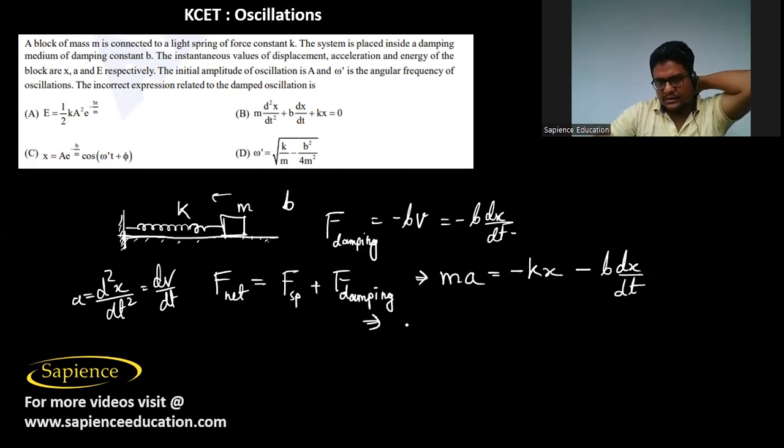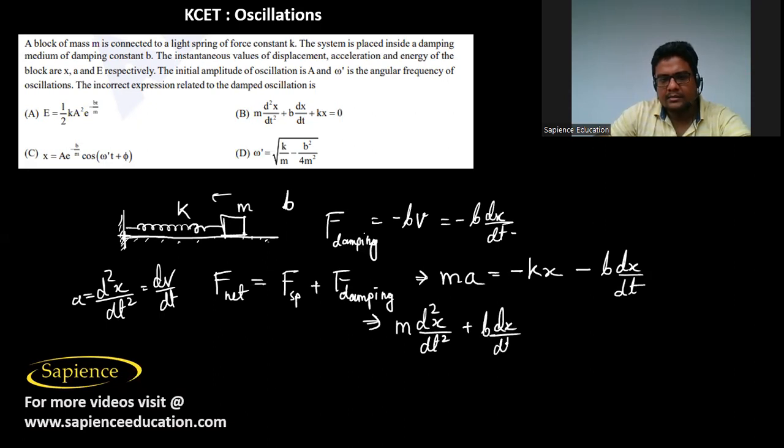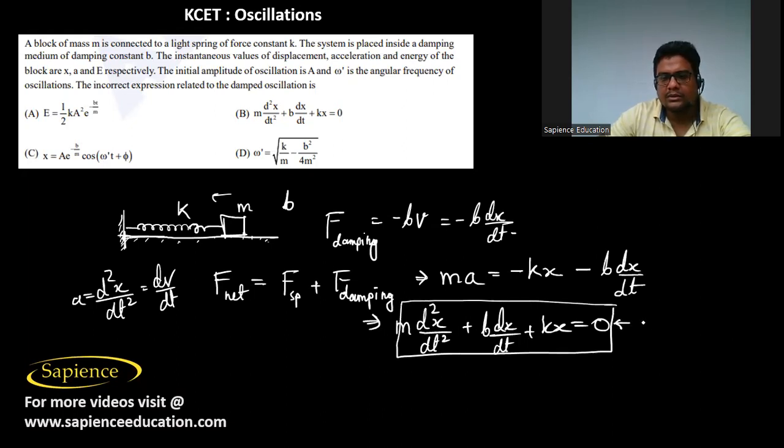Therefore, m d square x by dt square plus b dx by dt plus kx equals 0. This is the required equation of motion of the block under damped simple harmonic motion. So it is the equation of a damped SHM.